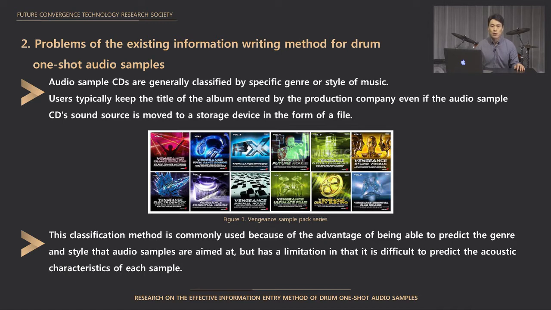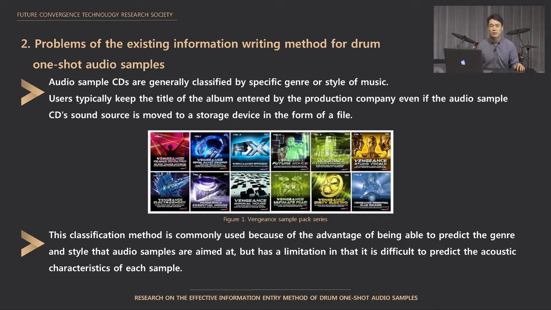Figure 1 shows the cover images of the audio sample CDs released by Vengeance. You can see the audio sample CDs classified according to genres such as future house, trance, and minimal house, or styles such as total dance sound, dirty electro, and club sound. If the file names of audio samples are changed, it could cause confusion, so users generally manage files in album units.